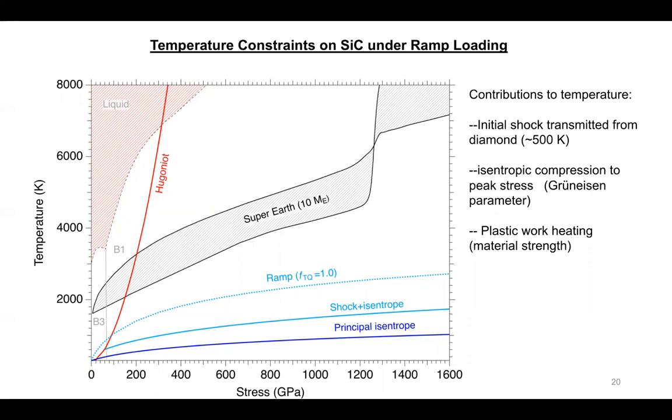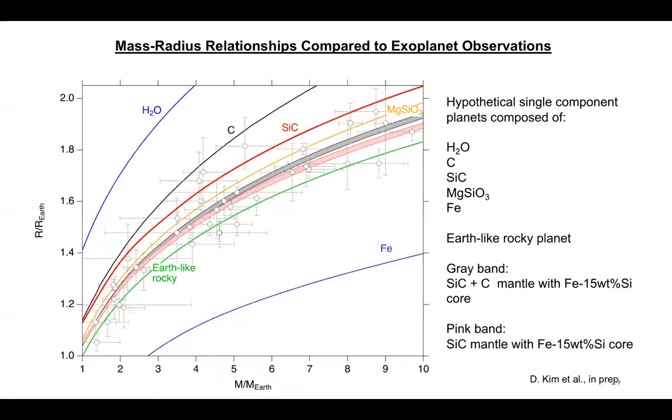Okay, so this figure shows a number of planets that have been observed. This is a radius mass diagram showing a large number of observed planets as the open circles there. And we've put a number of things on this plot, one of which is hypothetical single component planets.